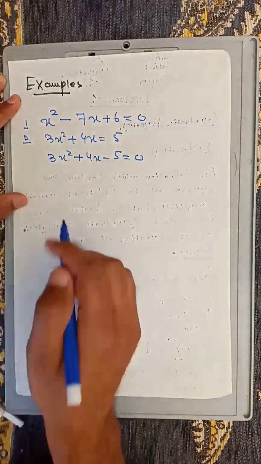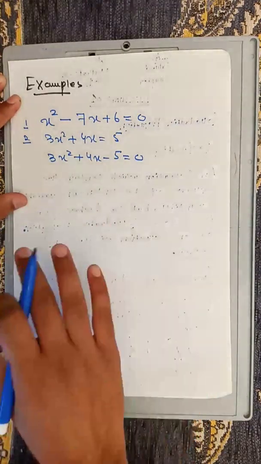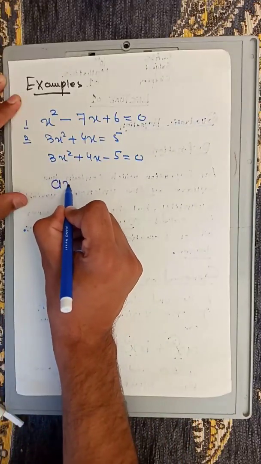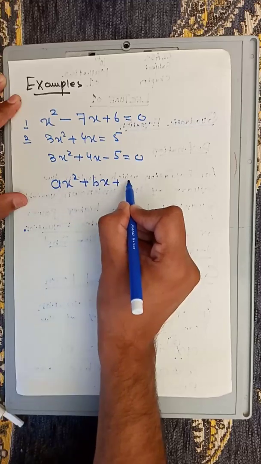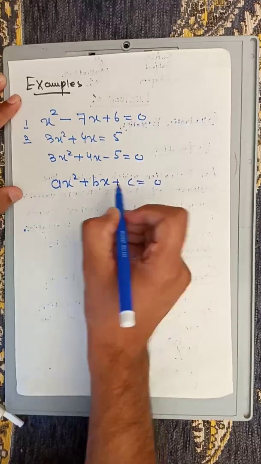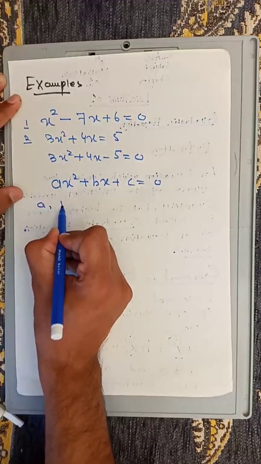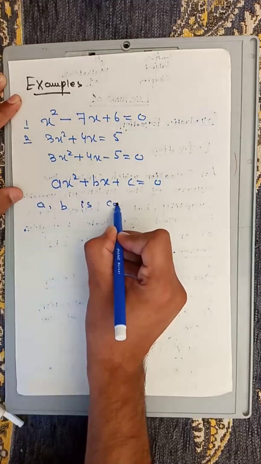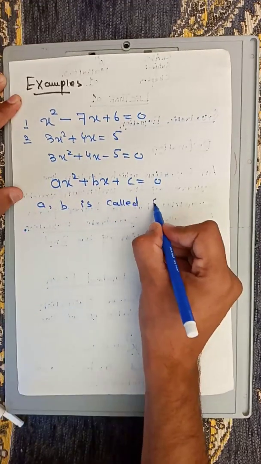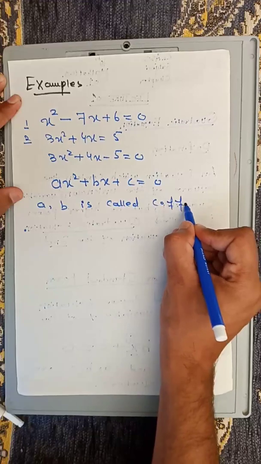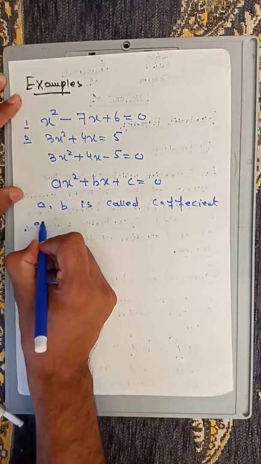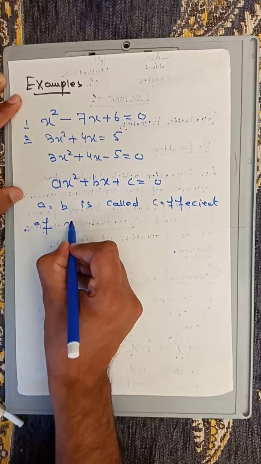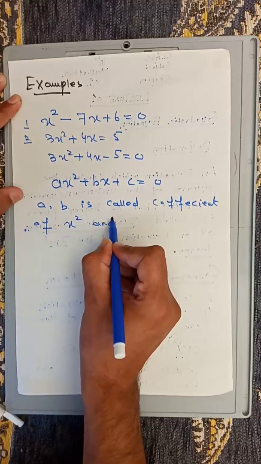Okay, so now basically we wrote on the previous page the standard form of the quadratic equation is ax square plus bx plus c is equal to 0. Students, here a and b are called coefficients of x square and x.